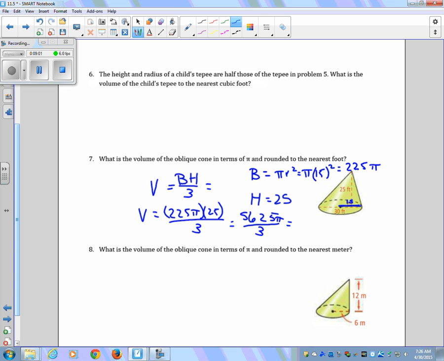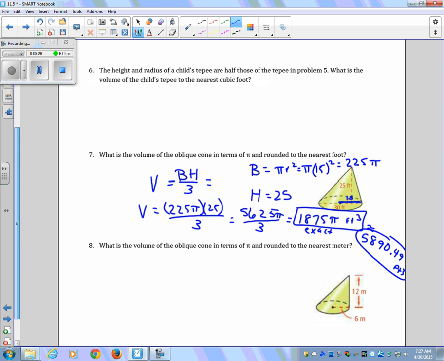So we're going to divide by 3, and we get 1875 pi cubic feet. This would be the exact answer. And if you wanted the approximate as a decimal, you would just multiply 1875 by pi and get 5890.49 cubic feet.